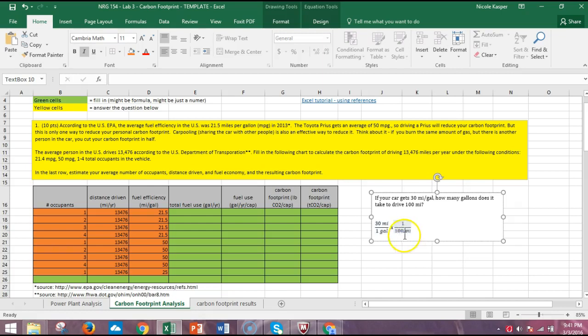Now the problem is, if you cancel out miles, you end up with 1 over gallons for your unit, which doesn't make any sense. So as it turns out, what you have to do is 30 miles per gallon is the same thing as saying 1 gallon for 30 miles. So you can just flip it. It doesn't compromise your quantity at all.